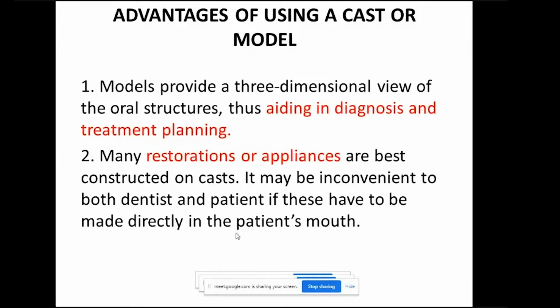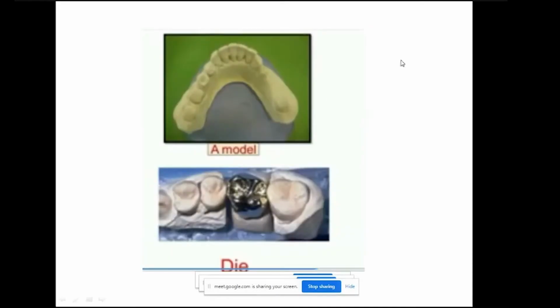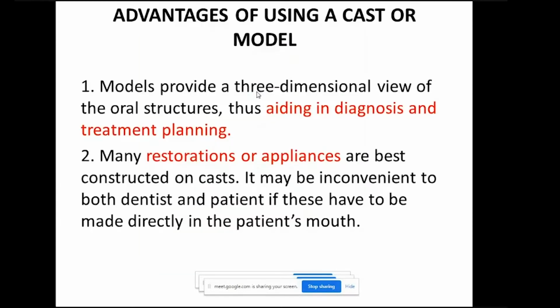The first advantage of cast or model, it provide for you three-dimensional view of oral structure. This is the three-dimensional view. Up, oral, and length. Three-dimensional view. In order to aid in diagnosis, تشخيص and treatment planning. التخطيط.